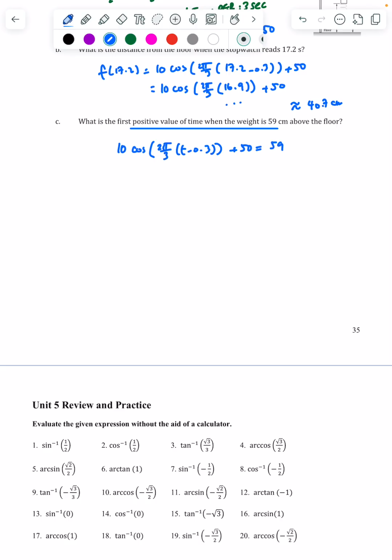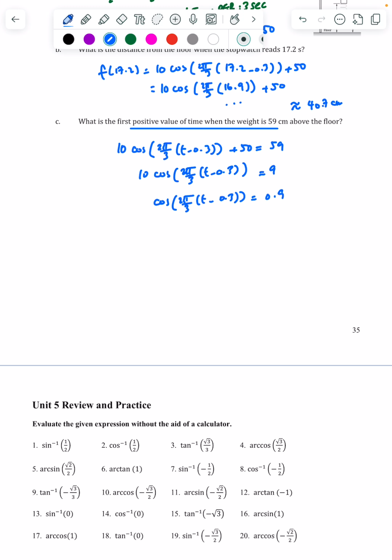By subtracting 50 from 59, you get 10 cos of 2 pi over 3 times t minus 0.3 equals 9. And then cosine of 2 pi over 3 quantity is equal to 9 over 10 or 0.9.